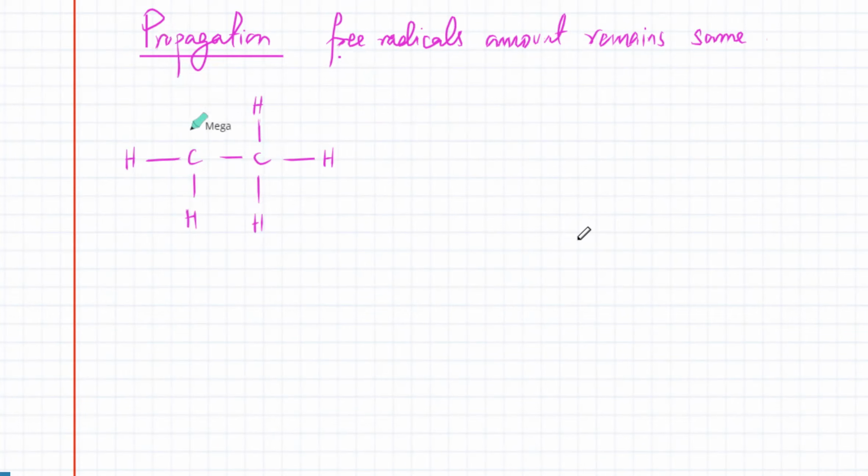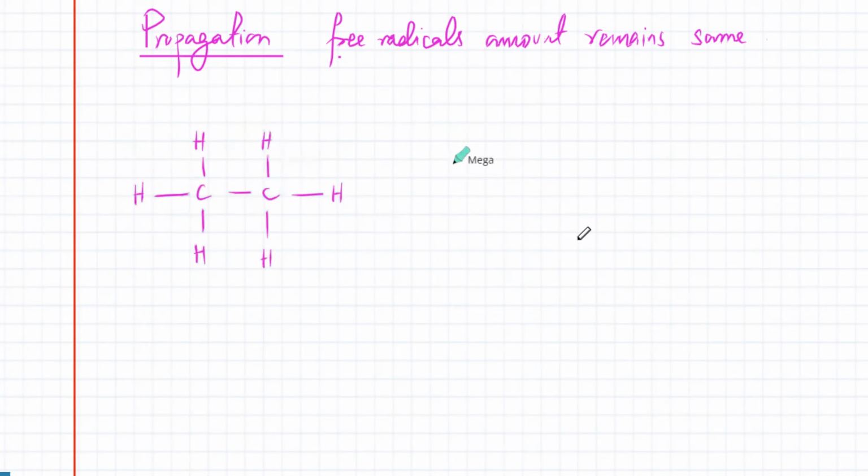And there's one more H. Now, if you look at this ethane molecule, it's got all these covalent bonds. The hydrogens are bonded to the carbon atoms. So there's a bond over here. The hydrogen is sharing electrons with the carbon atom. And the Cl radical attacks it.